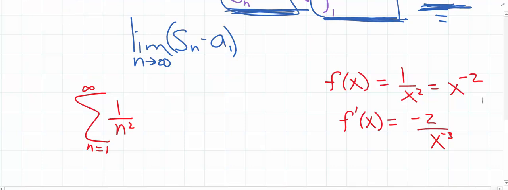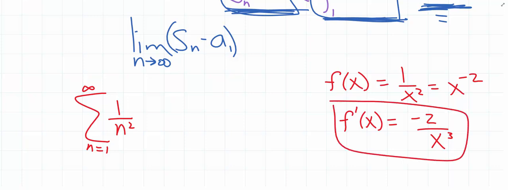Yeah, +3. Okay, so that's the derivative, right? Now, if you look at this, you can see, yeah, this is always negative. No matter what value for x you choose, in the positive direction, this is always going to be negative. x is 1, x is 2, x is 3. So that tells us that the function is always decreasing. Okay? So this does meet the requirements to use the integral test.